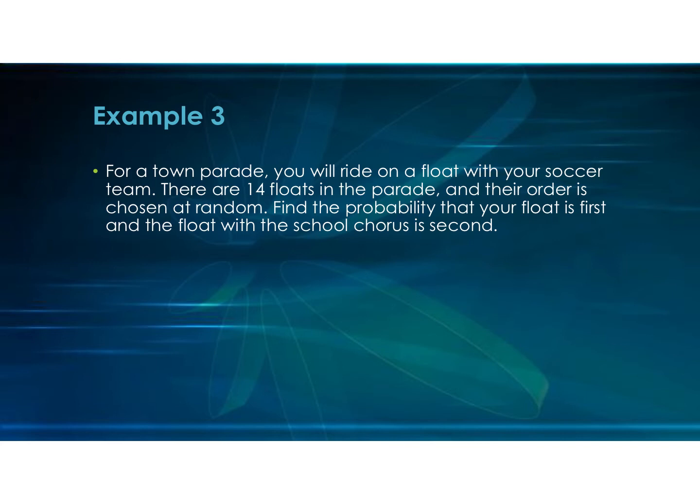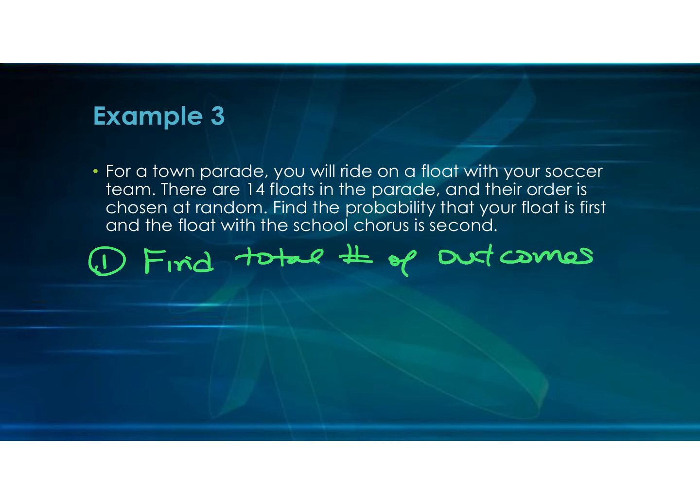So the steps in order to solve this, there's 3 of them. Step number 1 is to find the total number of outcomes of arranging those 14 floats. That'll be found by doing 14 and a 14, which is 14 factorial. I'm just going to leave it there for now.